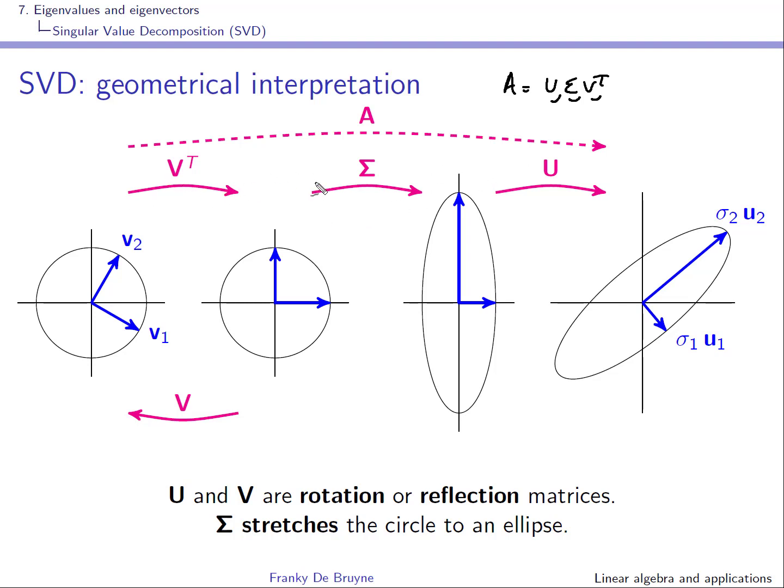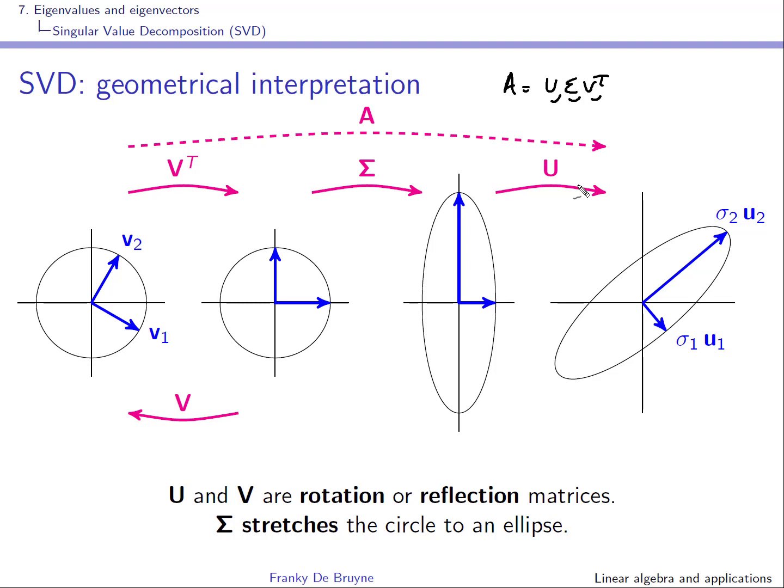Remember that V and U are orthogonal matrices, so when you take the image of a vector, the length is preserved, and if you take the image of two vectors, the angle between the vectors is preserved. We have seen a few examples of that, for instance rotation and reflection matrices.